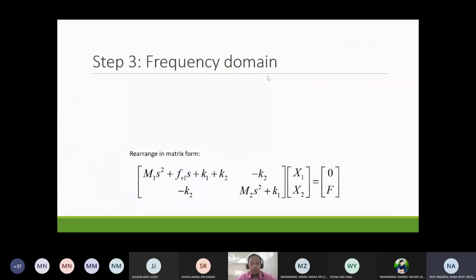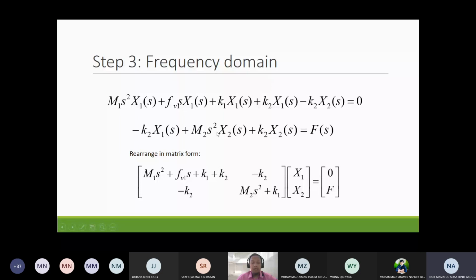When you draw the free body diagram, then you can write the equation of motion. This is the first equation of motion from free body diagram M1, and then the second equation is the equation of motion for free body diagram number 2.